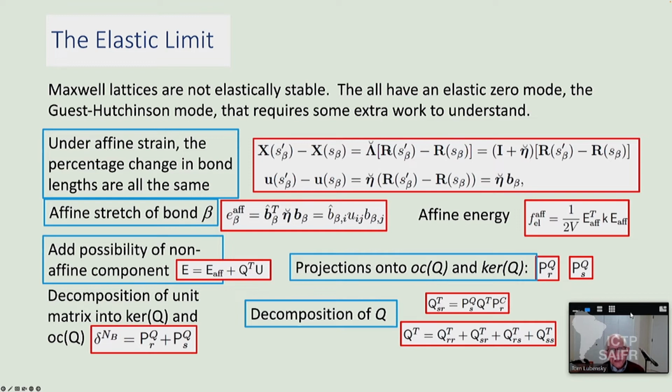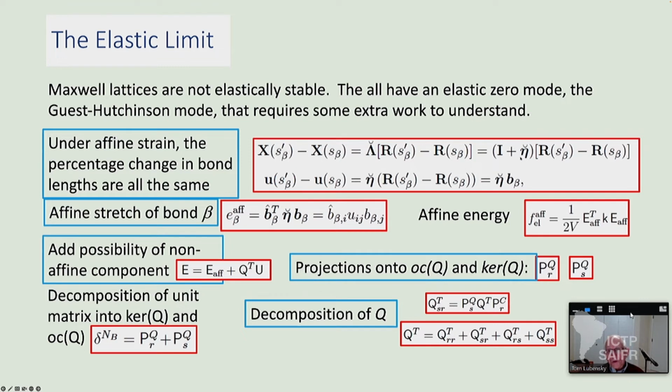We're using the notation now that R is the rest equilibrium position, and capital X is the distorted position. So lambda is equal to I plus eta. There are too many variables here, so I tried putting an upside down half circle on these to indicate that they are matrices. But lambda we learned is I plus eta.